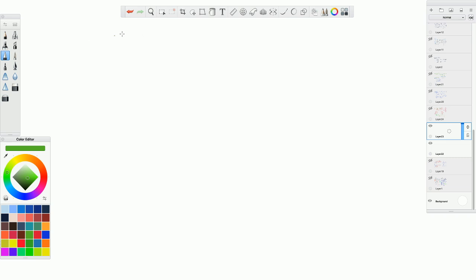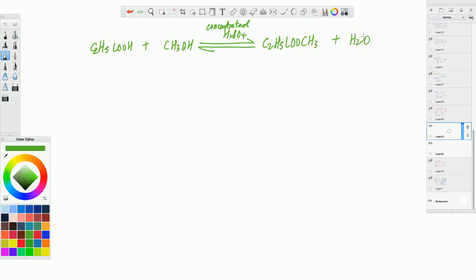You start with propanoic acid and methanol. So the equation is reversible like that. So you have to write here concentrated sulfuric acid. Okay, so that's how you write about ester. Can you understand? So basically it's just the same thing lah.